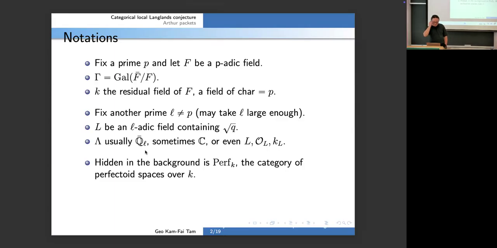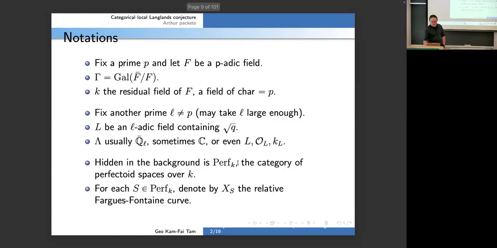There's one hidden thing in the background. That is the category of perfectoid spaces over k. Okay, so I won't go into detail, but you may just imagine everything is defined over this category. We also have, for each perfectoid space S, this X_S, the relative Fargues-Fontaine curve.